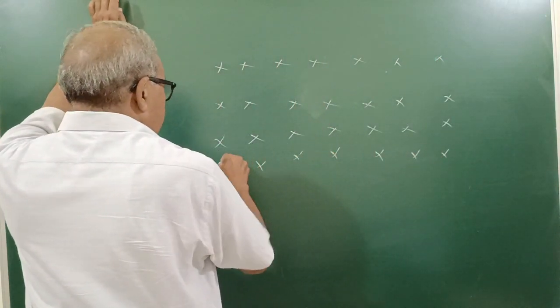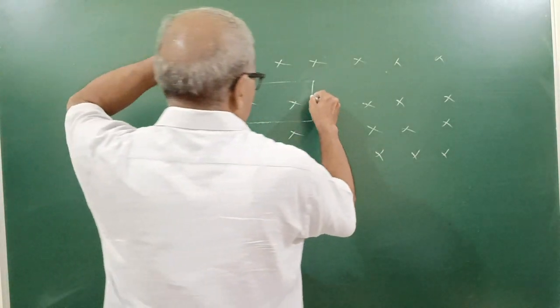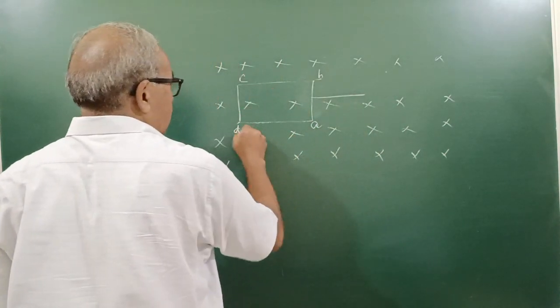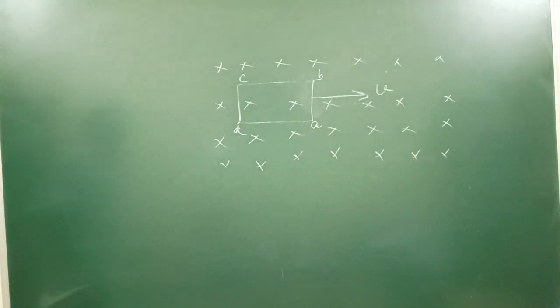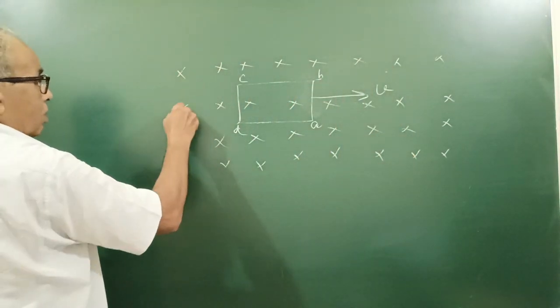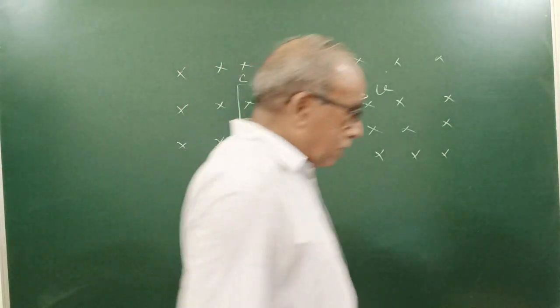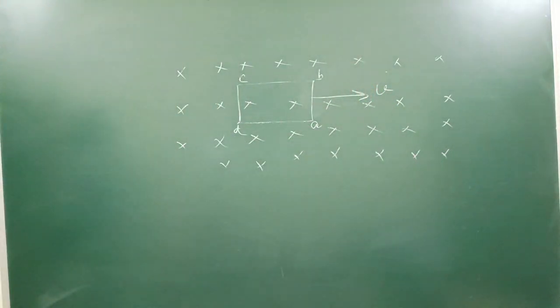Here in this field, there is a conducting loop. It is moving like this. A, B, C, D, the conducting loop moving with velocity v in this field. So you are asked, what is the magnitude?